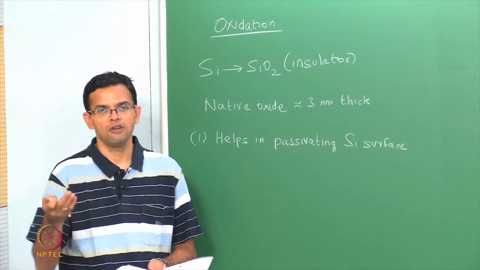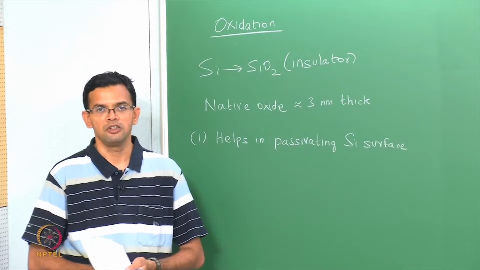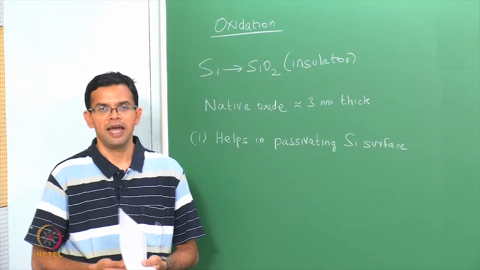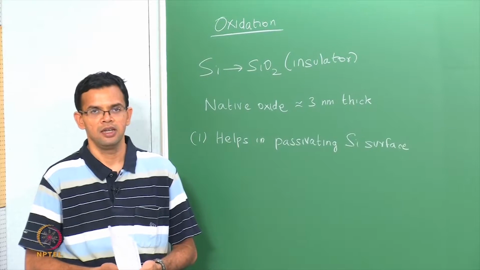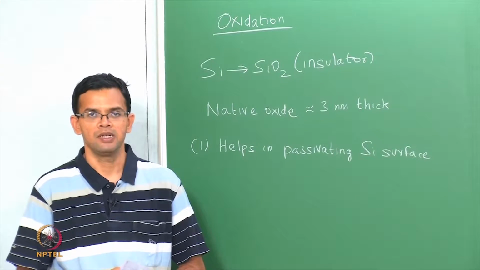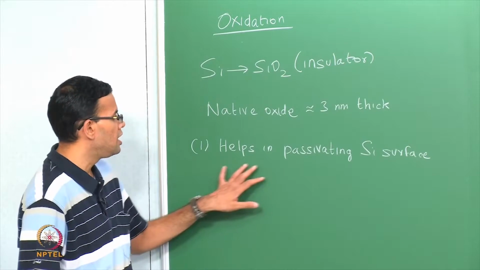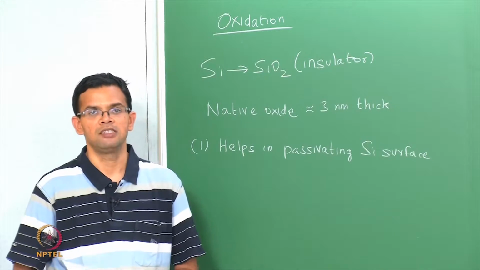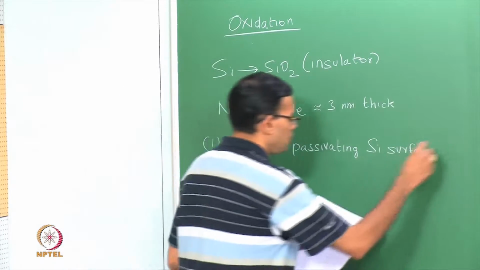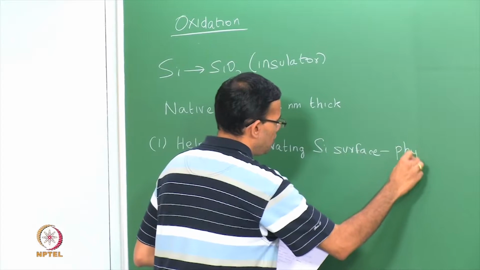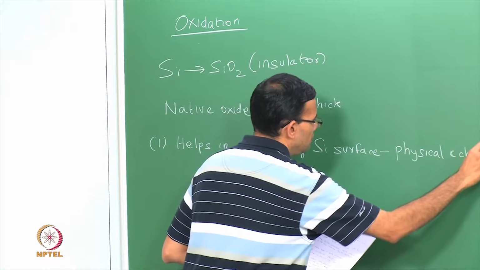Whenever we think of a surface, it could be silicon 111 or silicon 100, there are always some dangling bonds. Dangling bonds are usually defect states that lie in the middle of the band gap, and they can affect the electrical properties. So, silicon dioxide helps in passivating these dangling bonds, so that improves the properties.